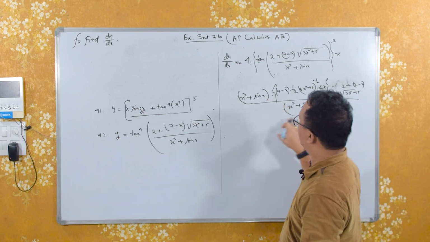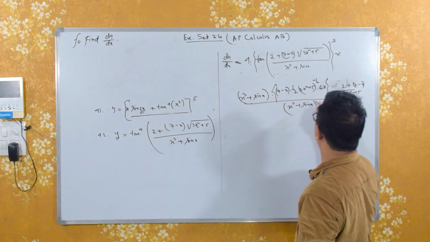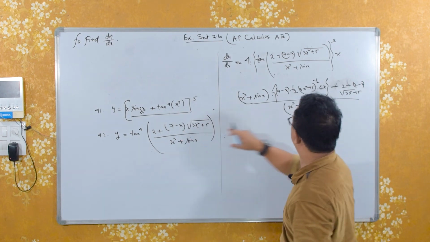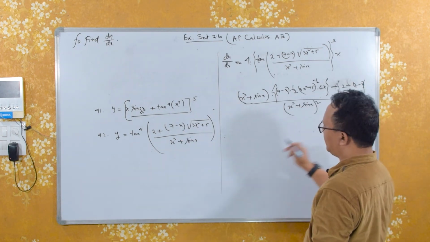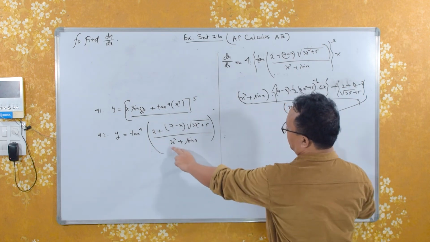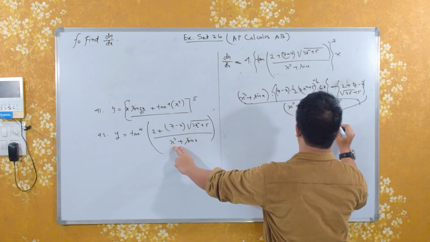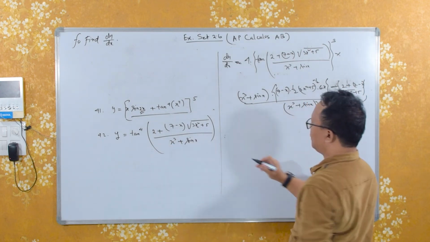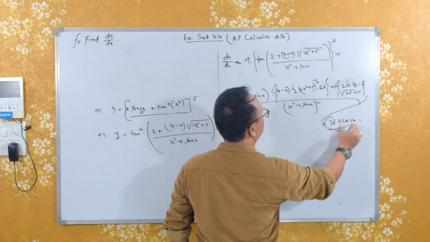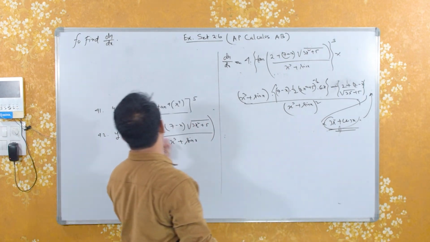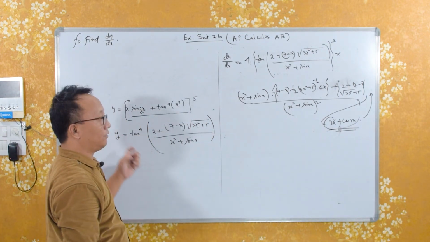This differentiation of this, minus keeping this, into d by dx of the denominator, which will be 3x square plus the differentiation of sin x, which is cos x. This will come over here. This is the answer for 42.